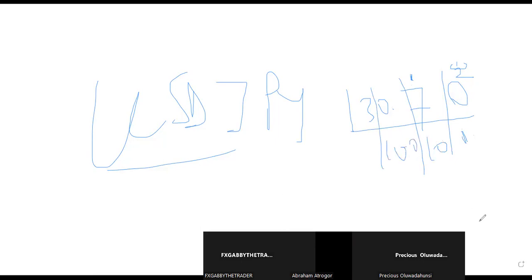Now if USD JPY moved from 130.70 to 130.285, how many pips did USD JPY move?